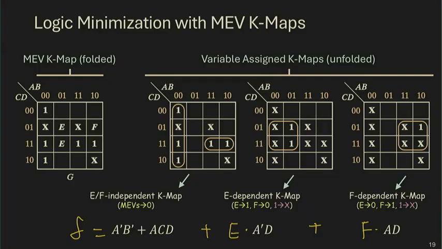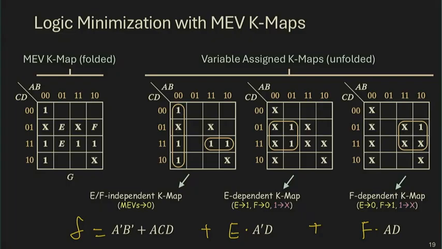And the reason is because in this K-map, these entries that depend on E and the entries that depend on F happen at different positions. MEV, map-entered variable, is only one way of having map-entered something. You could also have map-entered functions, something that depends on both E and F. But by the definition of map-entered variable, each entry depends on only one of the MEV variables.